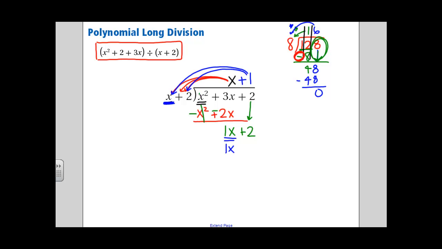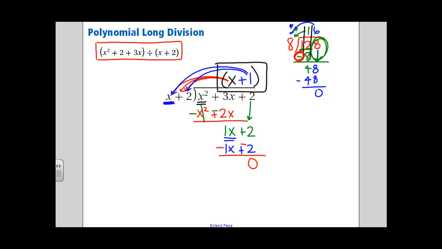And then 1 times 2, which is 2. And then to find out what's left over, we need to subtract. So we subtract both terms here and we see that we get 0. Just like the numbers, that means it goes in exactly x plus 1 times.